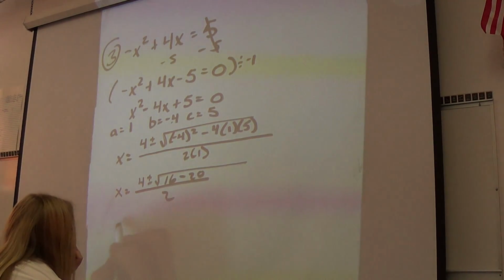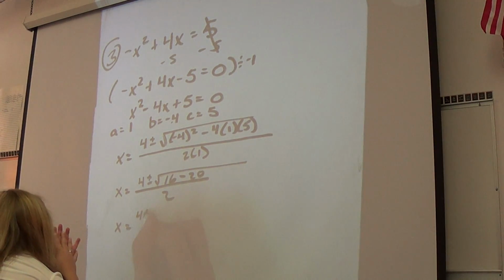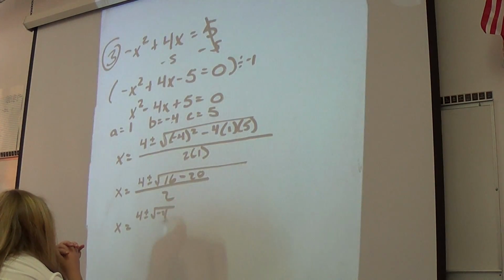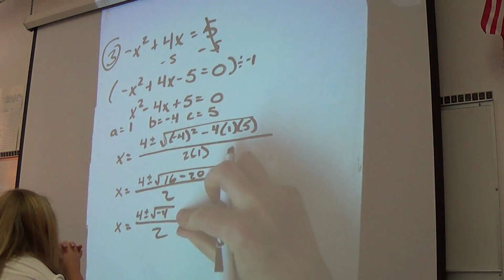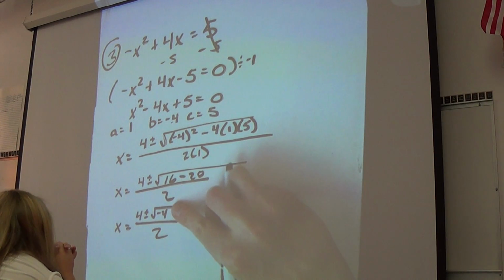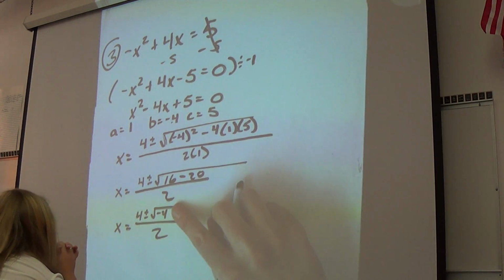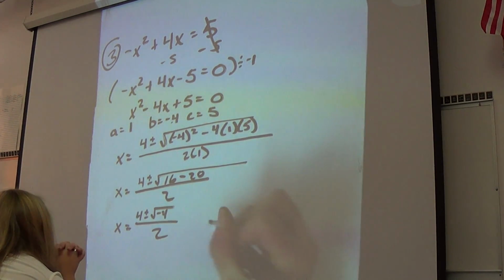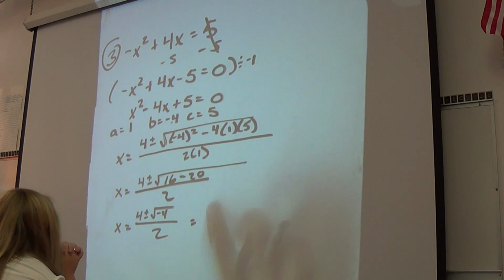What is 16 minus the 20? Some of you got to here. You recognize that the negative gives you an I, and then you did not square root the 4. What is the square root of 4? Sorry.